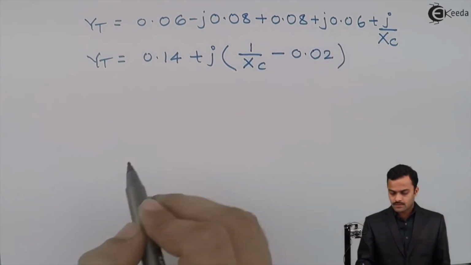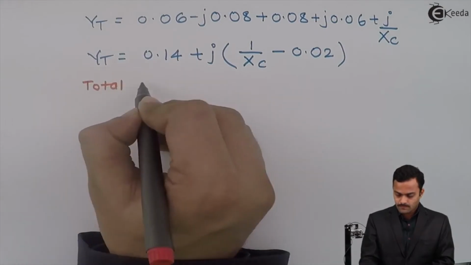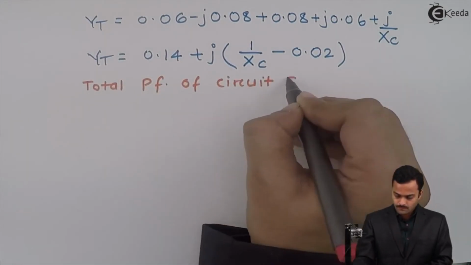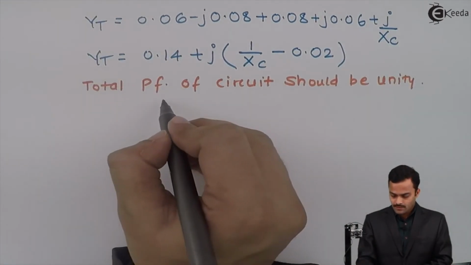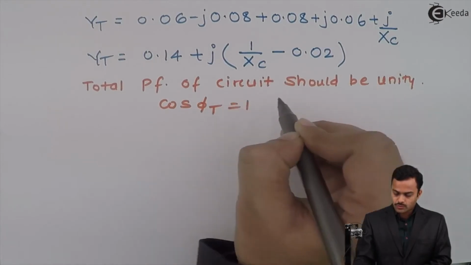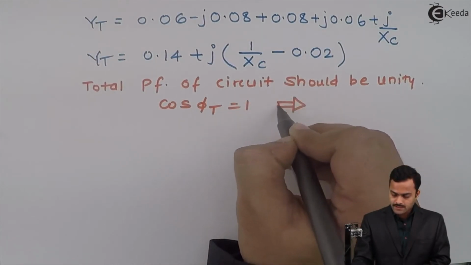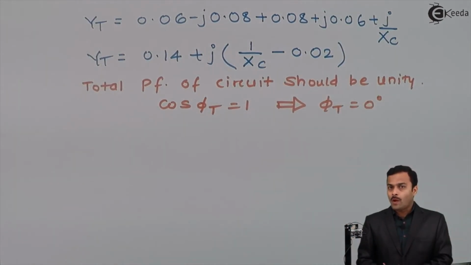What I want now is that the total power factor should be unity. What does that mean? Cos phi t should be equal to 1, which implies phi t should be 0 degree. When is it possible? When your impedance or admittance has only real components.